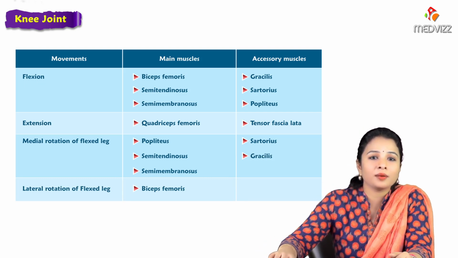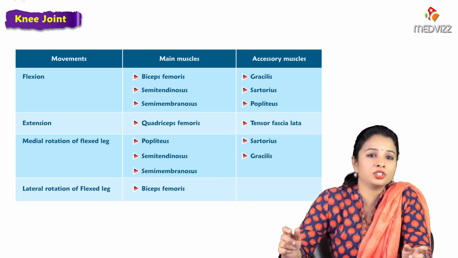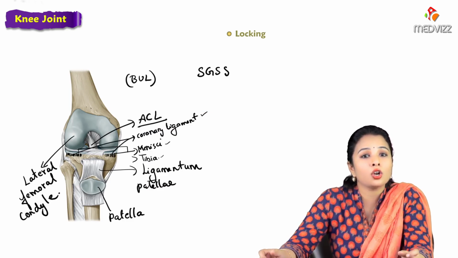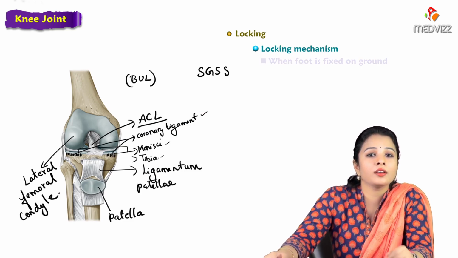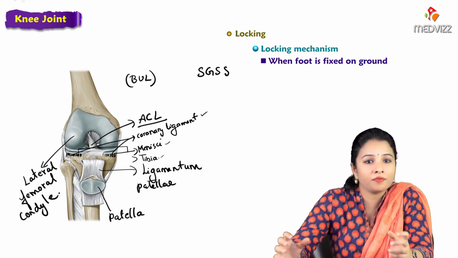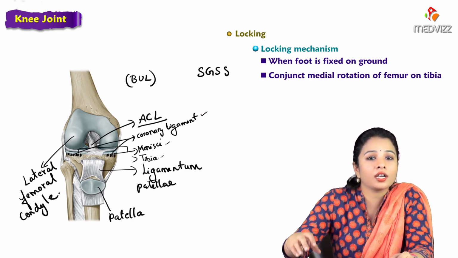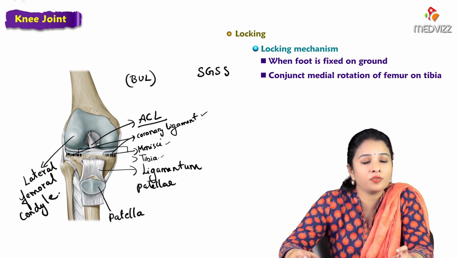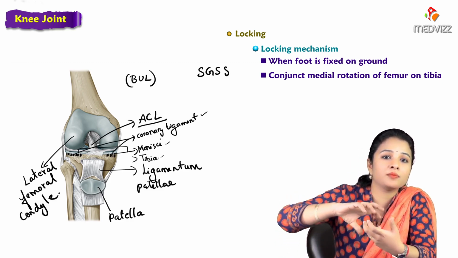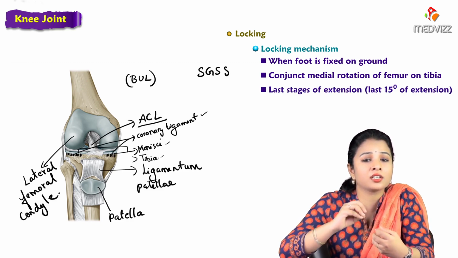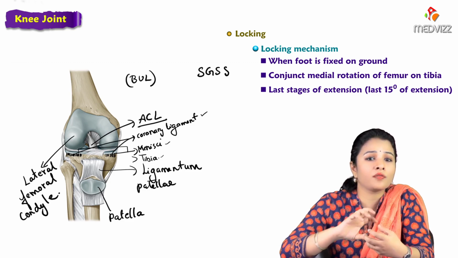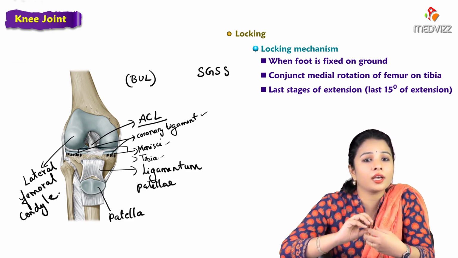So let us discuss some important and interesting features of the knee, which is called locking and unlocking of the knee joint. Locking of the knee: when the foot is fixed on the ground, there is medial rotation of the femur. So the femur rotates medially over the tibia in the last stages of extension, that is the last 15 degrees of extension, which is called locking.